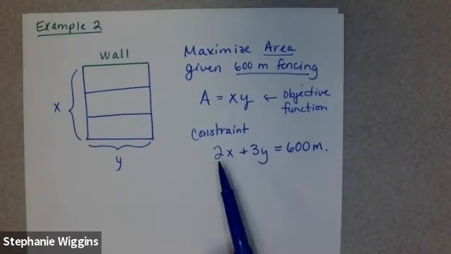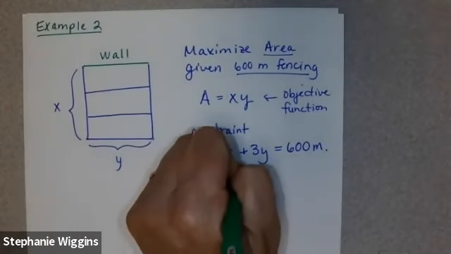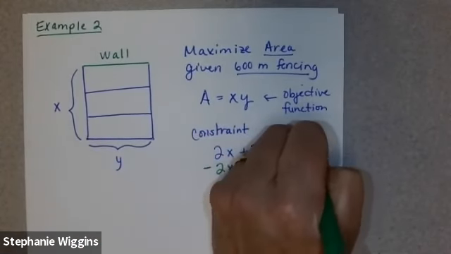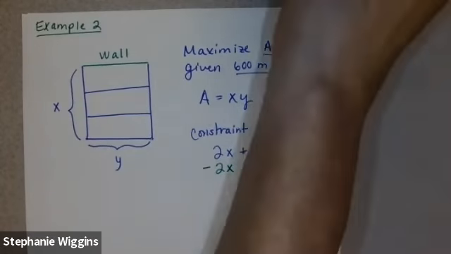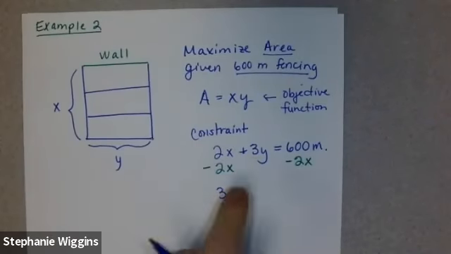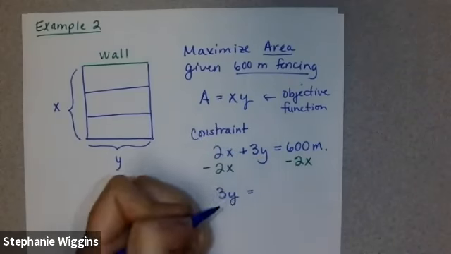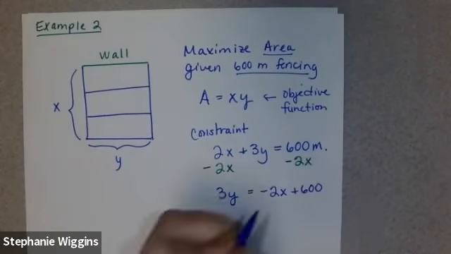So I want to solve for Y here, let's say. You could do X, but it doesn't matter. You'll get the same results. I'm going to subtract 2X from both sides to get Y by itself. So on the left, I have 3Y, and on the right, I have negative 2X plus 600.